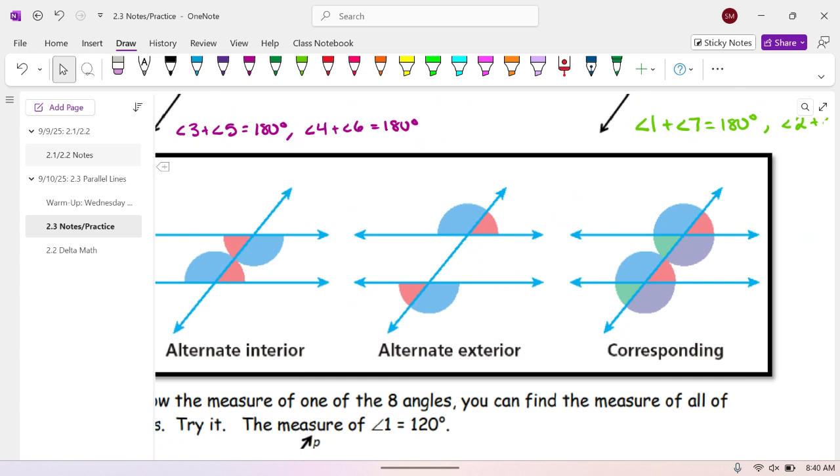Now, the great thing about knowing all of these different theorems is that we can be given only one angle of those parallel lines, and we can find every other angle in that set, which is what we're about to do.